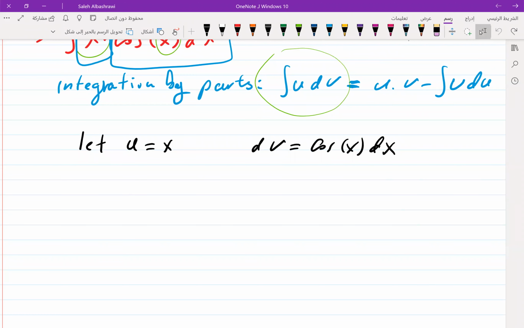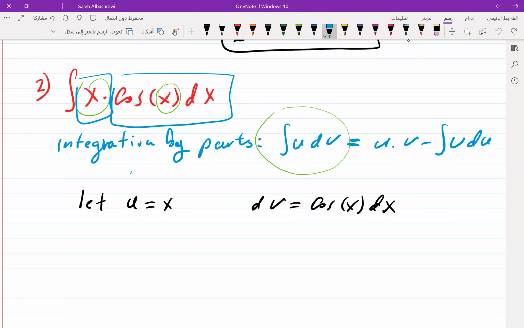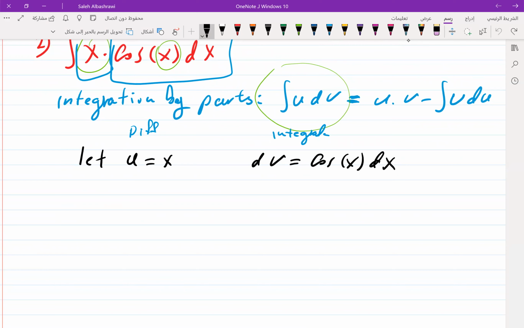Now, let u equal to x. The first one I'm going to differentiate, the second one I'm going to integrate. So differentiate and integrate. Now the derivative of x, or du, will be 1 dx.